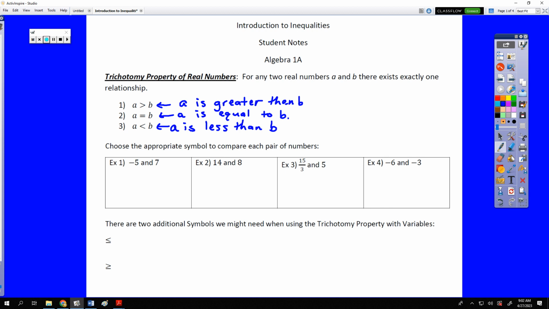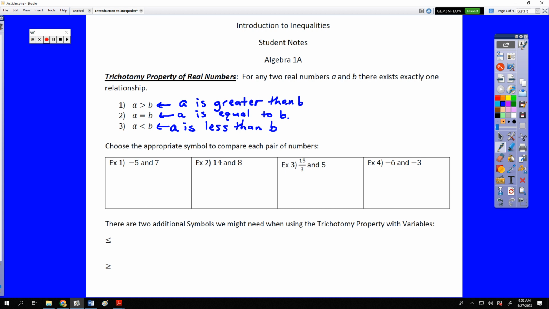Now, this should be review. When we're first taught this in grade school, we are taught about the alligator mouth, right? That symbol kind of looks like a Pac-Man, like a mouth, right? And that mouth always wants to eat the larger number.